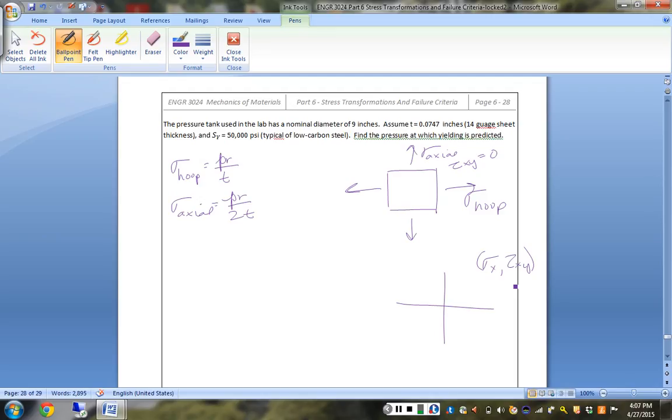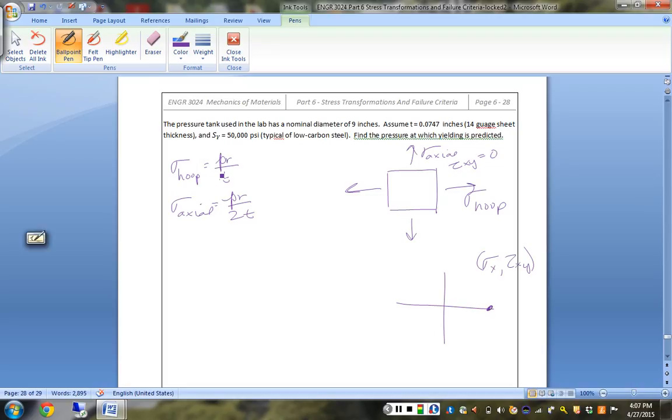So if you have no tau xy, what does that tell you? It tells you you're on this axis, and that means you are already at principal stresses. If the shear is 0, those are principal stresses.